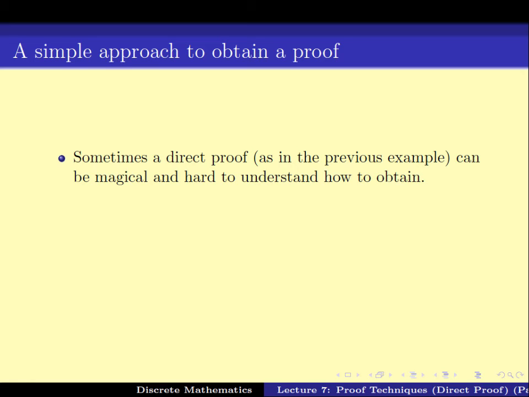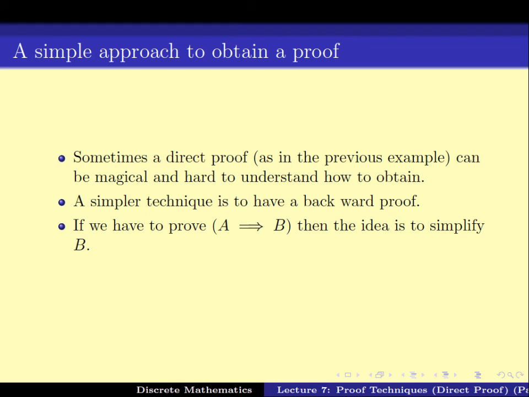Now, there is a simpler technique to attack this problem. This is called the backward proof. Or in other words, we start from the backward and go ahead. So here that means that if I have to prove A implies B, the idea is to simplify B and get something simple.